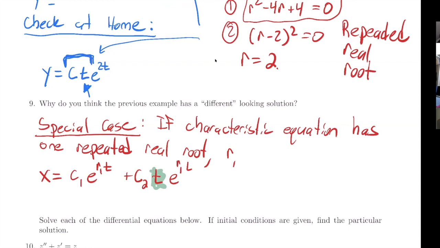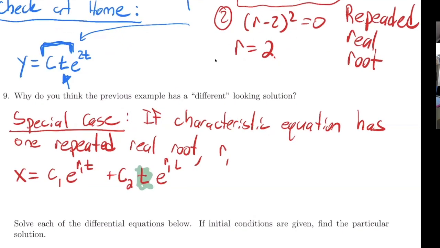So far, we find the characteristic equation, and we find the roots of the characteristic equation. If the equation has two distinct real roots, then we've got C1 e to the r1 t plus C2 e to the r2 t. If instead we have one repeated real root, then we get a solution that looks like this.